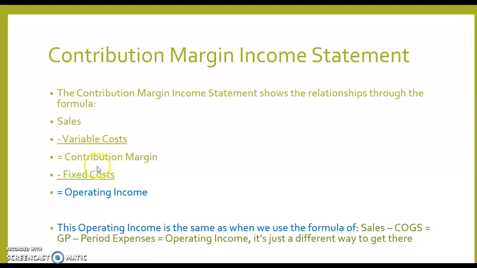It's just in between that differs. In the GAAP income statement, we subtract all the product costs, all the costs of the factories, whether variable or fixed, to get a gross profit. Then we subtract all of the office costs, the period expenses, and get down to operating income. Here, we're dividing everything out into variable and fixed. So sales minus variable is contribution margin, and contribution margin minus fixed is operating income.